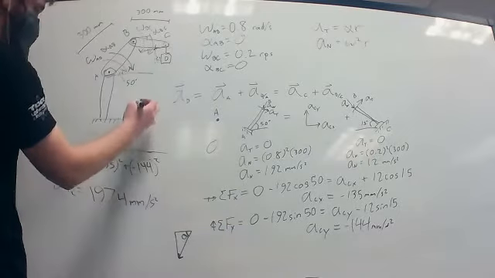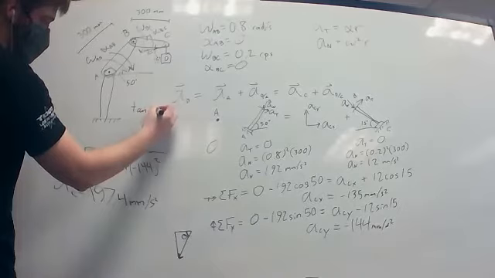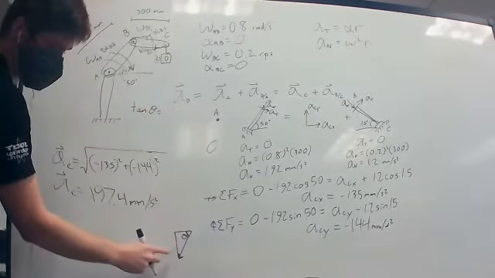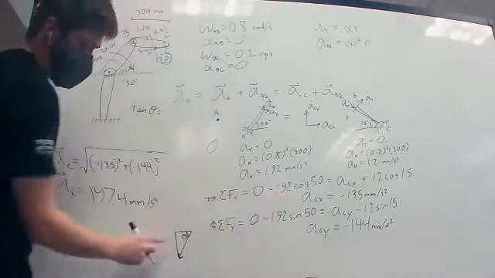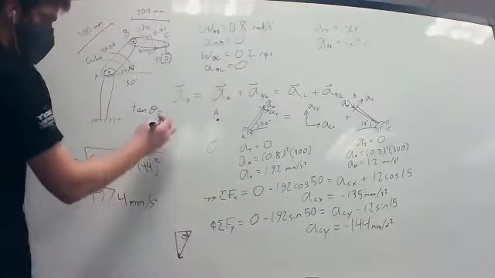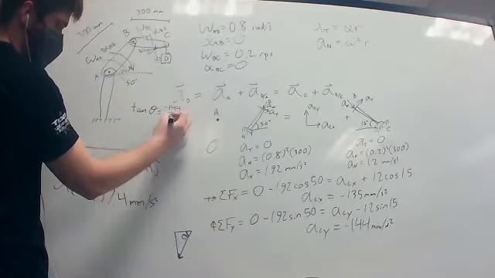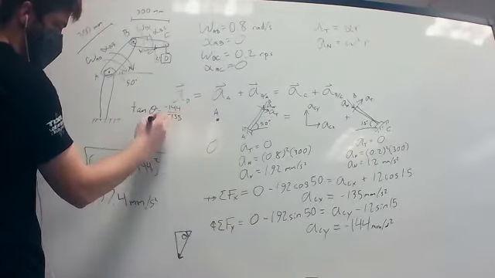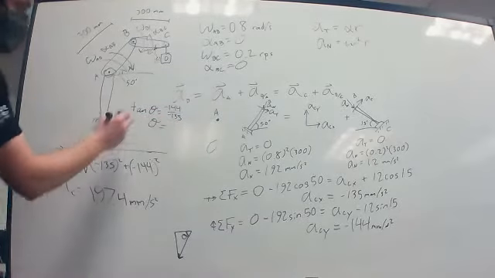So tangent of this theta can be equal to opposite over adjacent, opposite being the y, adjacent being the x. And we can solve for that angle just by doing inverse tangent of this quantity.